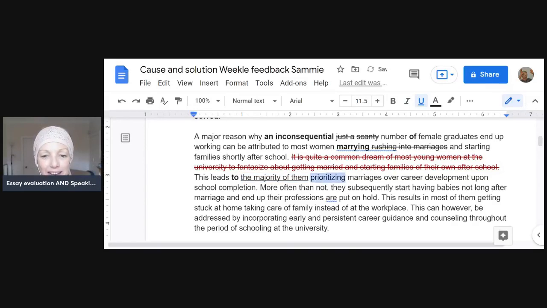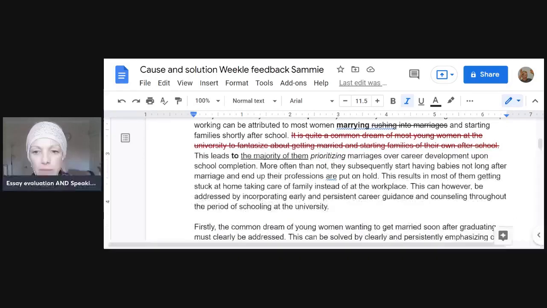So we did a crash grammar lesson studying the pattern of this leads to. After this leads to, we need an object, and then we need ing, prioritizing marriages. So the object is the majority of them, and then ing, prioritizing. Great points there. Marriages over career development upon school completion.